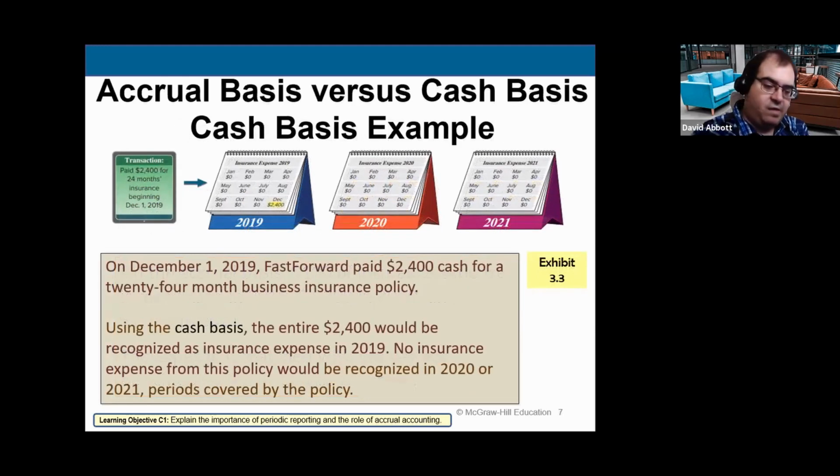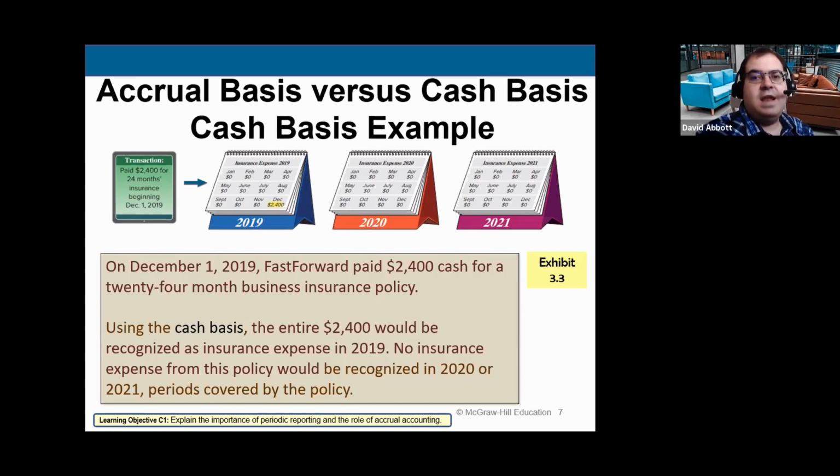Now the cash basis, then, what you would do, and we see here on December 1st of 2019, Fast Forward paid $2,400 cash for the 24-month insurance policy. So if you used a cash basis, that entire amount would be recorded as an expense for 2019. You wouldn't have to worry about it in 2020 or 2021, even though that's what is being covered.